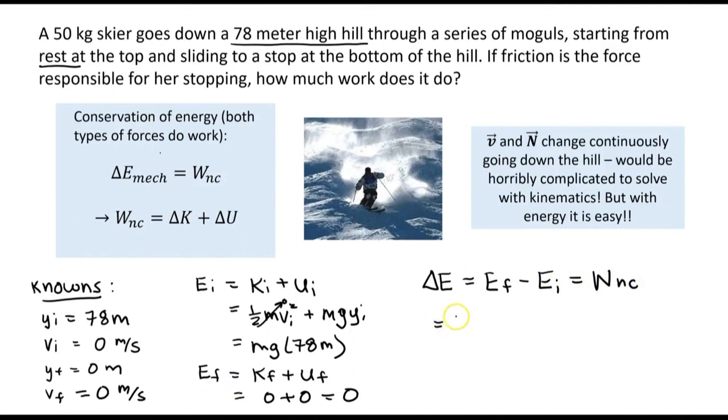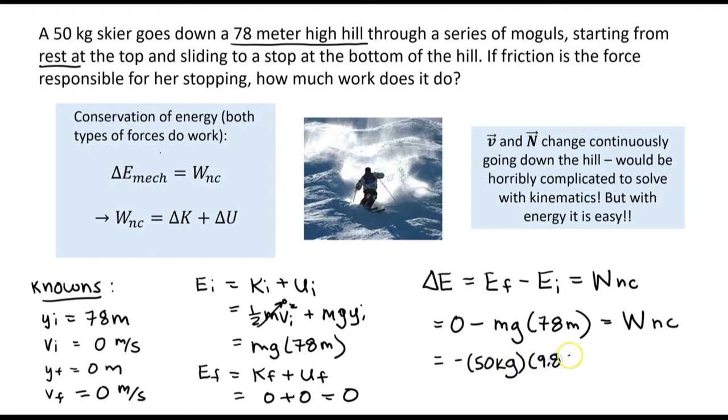E final is 0. E initial, remember, is m g times 78 meters. And that is equal to the work done by friction in this case. We know m and we know g, so this is going to be minus, mass is 50 kilograms, g is 9.8 meters per second squared, and then we have 78 meters.